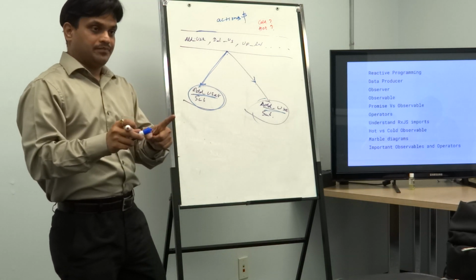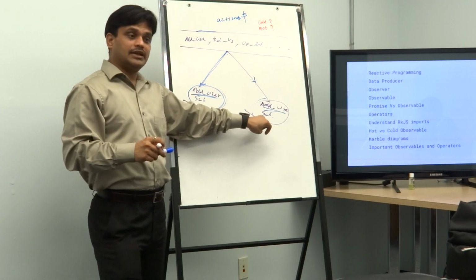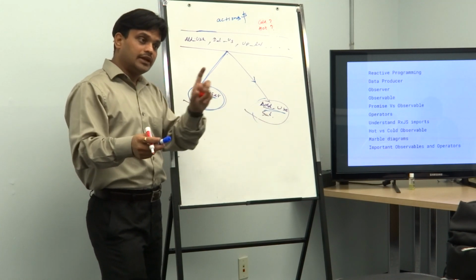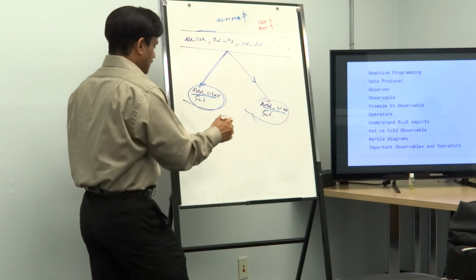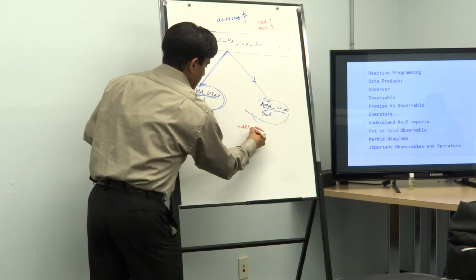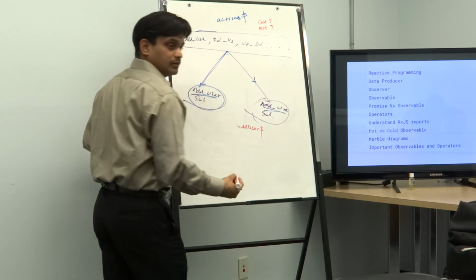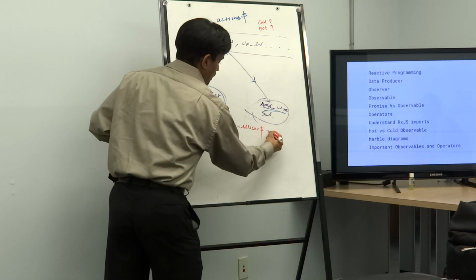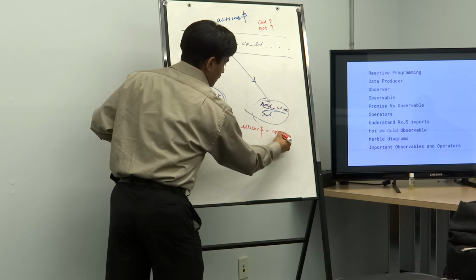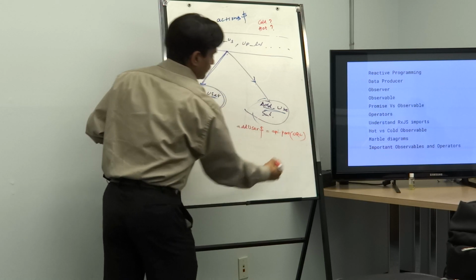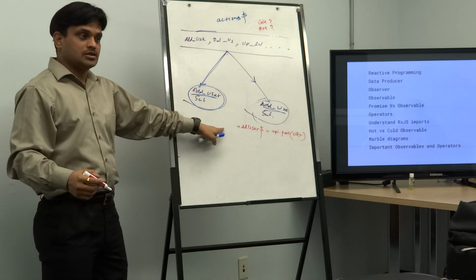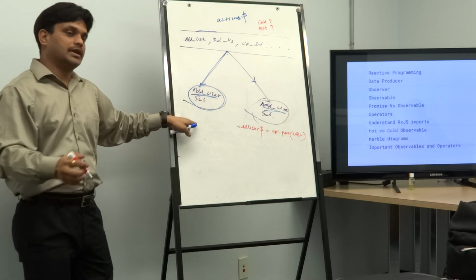So just to clarify, when you subscribe, you will definitely get the data. The only difference is what data you are getting. For example, the add user observable was more like an API post to some URL. So the moment you subscribe, you will get the user anyhow.